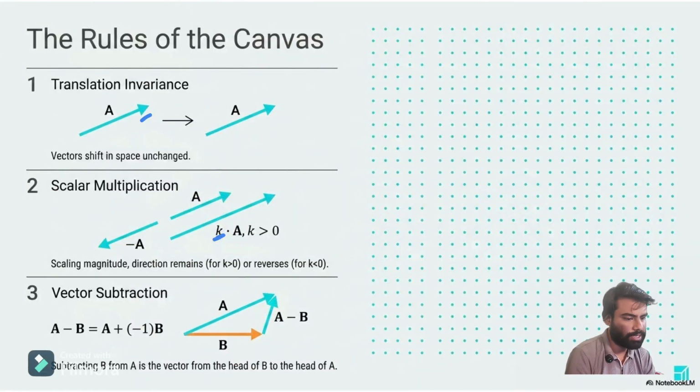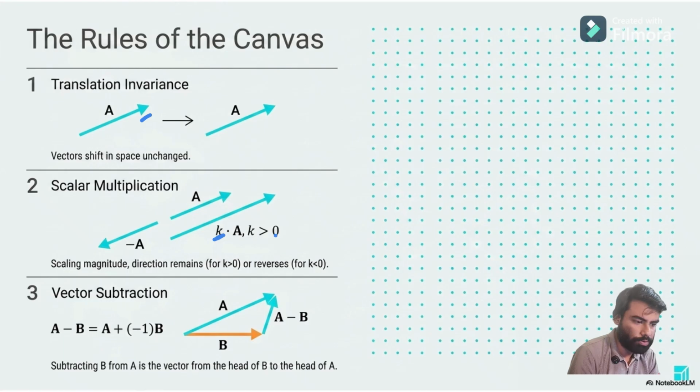That means you have a greater vector, and it also means that the value of k is greater than 0, that is positive, so the direction is not changed. Also, as the vector is enlarged, k is not only greater than 0 but also greater than 1. And this is minus a.